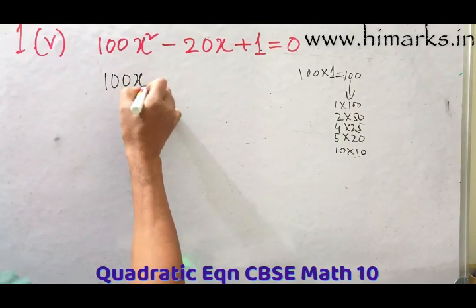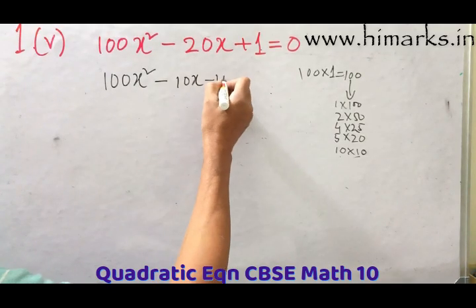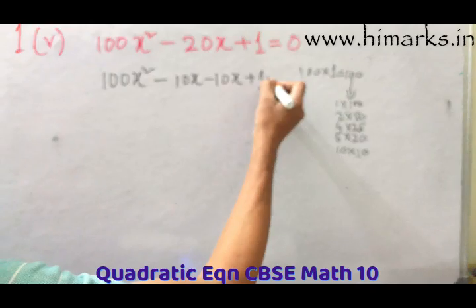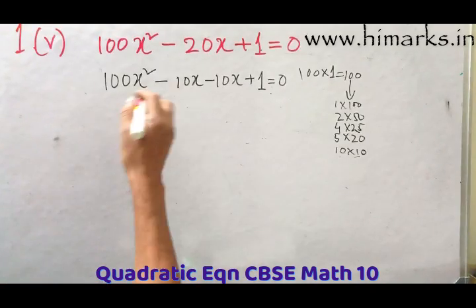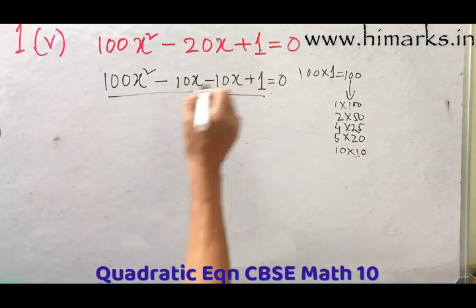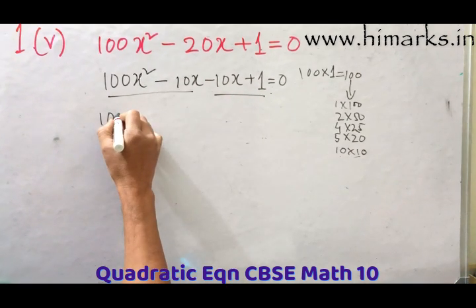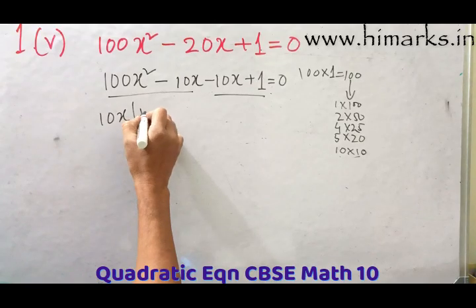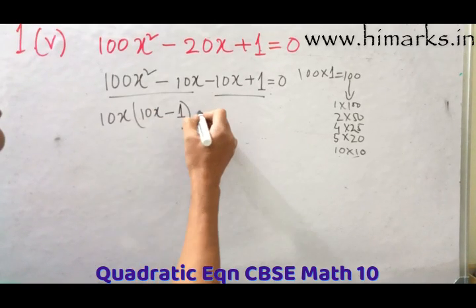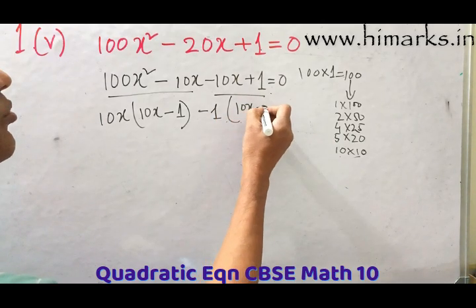our middle term became 20, that is 10x minus 10x plus 1 equal to 0. Now see how much. So next is two groups. In the first, 10x is common, 10x remains here and 1 remains here. Minus between these only 1 is common, 10x minus 1.